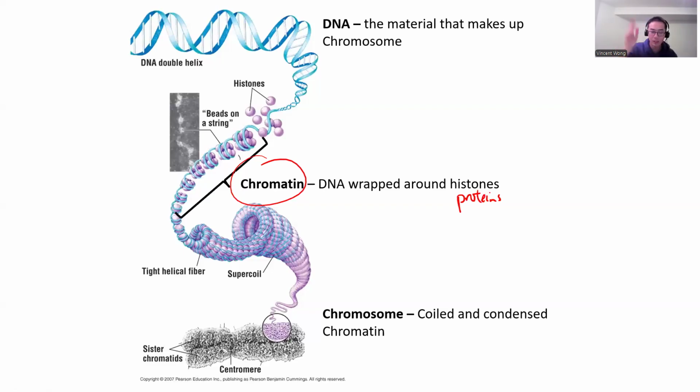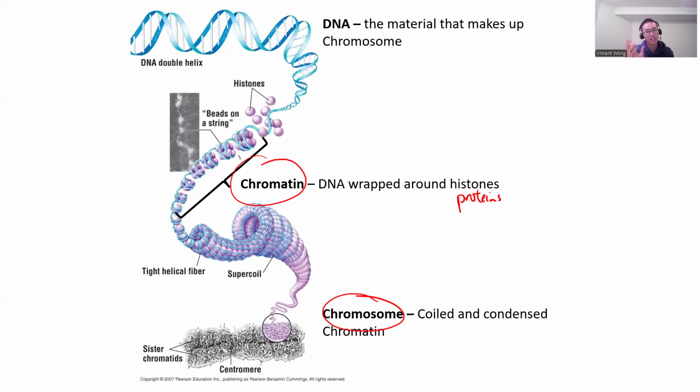Okay, that's the state of DNA inside a nucleus. We wrote this down in lecture 3. When you try to divide a cell, you need to move the DNA around, and in order to do so efficiently and without tangling it, you've got to package the chromatin even further, and that's when you get the chromosome. So chromosome, chromatin, and DNA are basically all DNA, but it's just different levels of condensation.